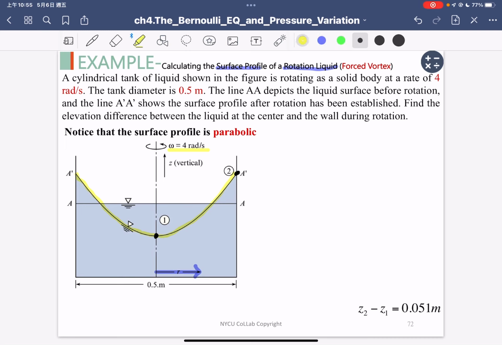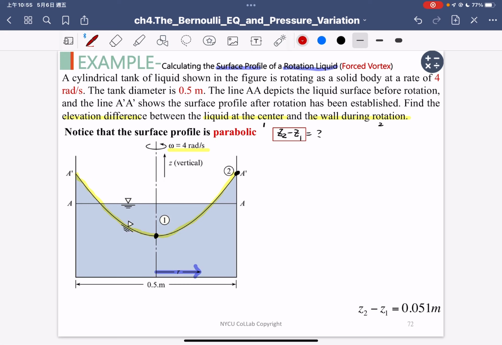The question is to find the elevation difference between the liquid at the center, this is point 1, and the wall during rotation, this is point 2. So we need to answer Z2 minus Z1, how large it is. This is our key question.